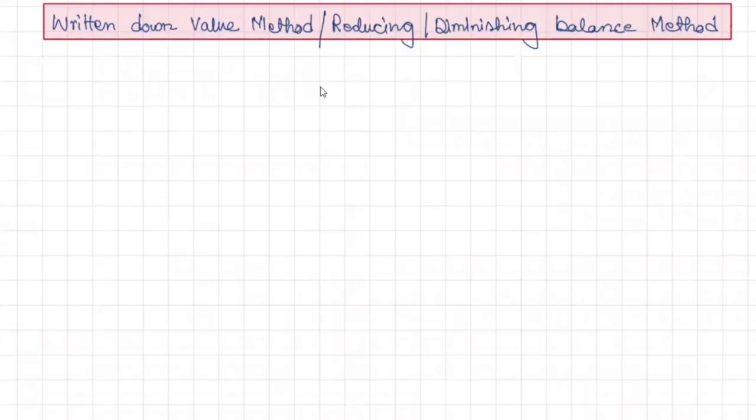Okay. So now we are going to discuss the written down value method, also known as the reducing or diminishing balance method.